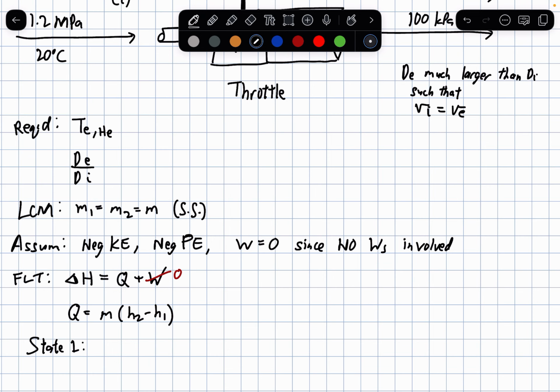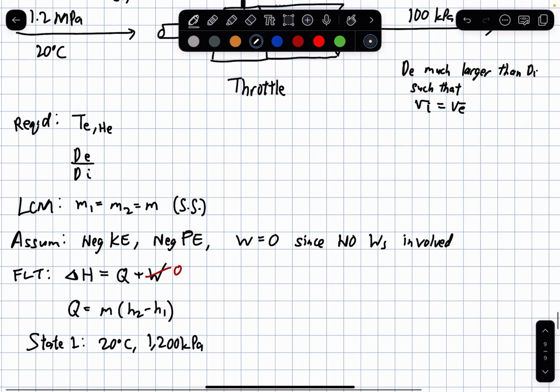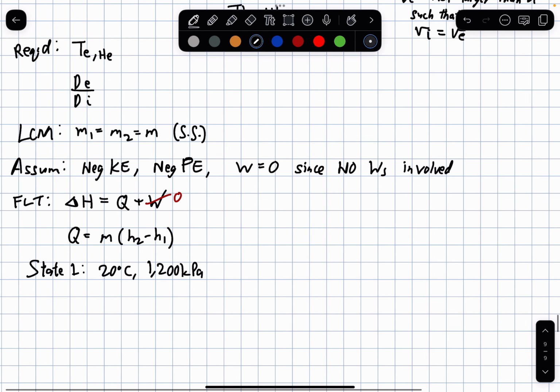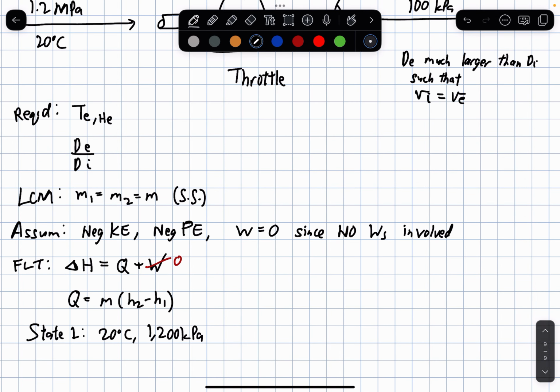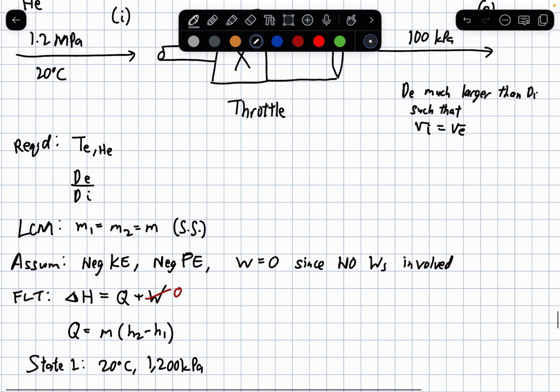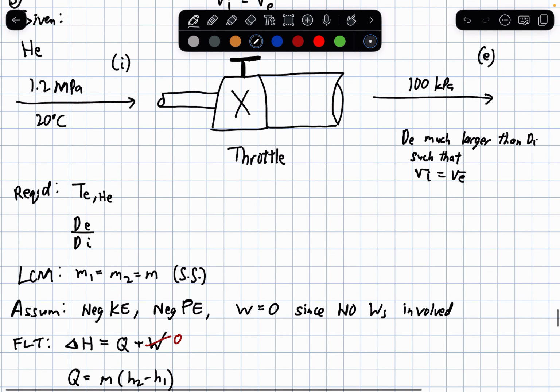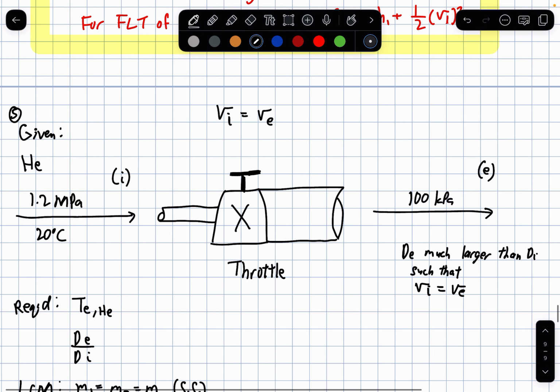Let's start immediately at state 1: 20 degrees Celsius, 1200 kilopascal. Let's see if we can find something. Eventually later, ratio of the pipe diameters, pressure. We're gonna have these formulas: dE over dI is equal to pI over pE raised to 1/2, or square root, no?